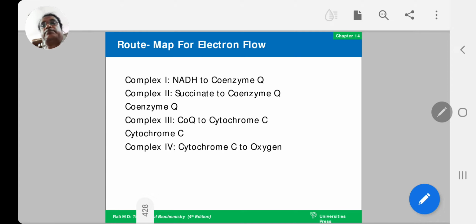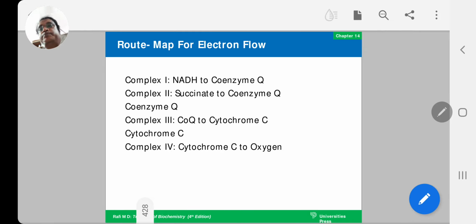Complex 2 is much smaller than complex 1, and in contrast to the other complexes, it does not pump protons out of the matrix, because the free energy change of the catalyzed reaction is too small.